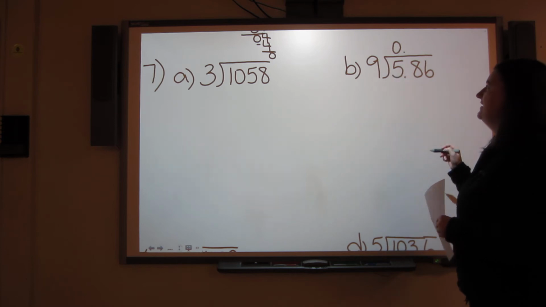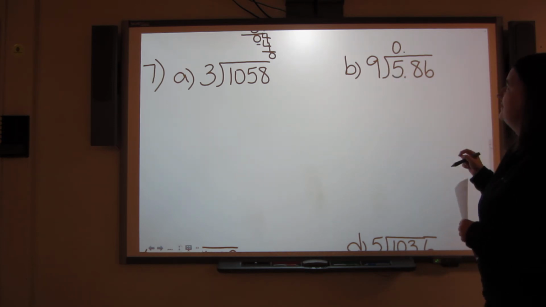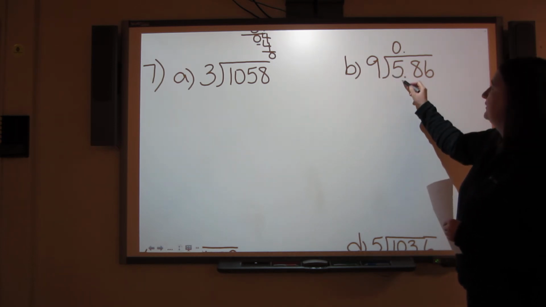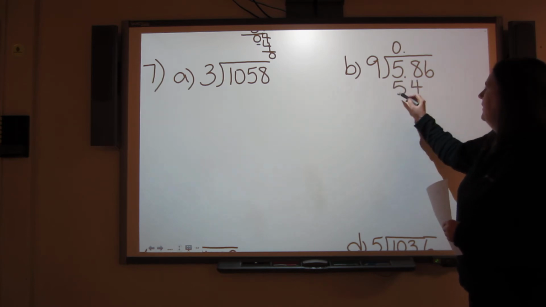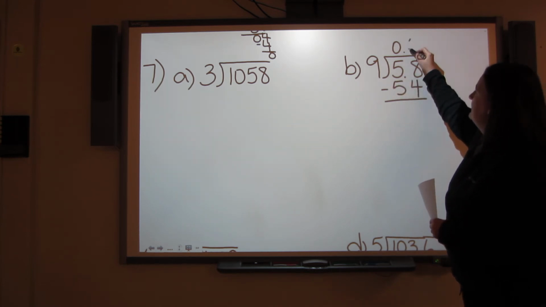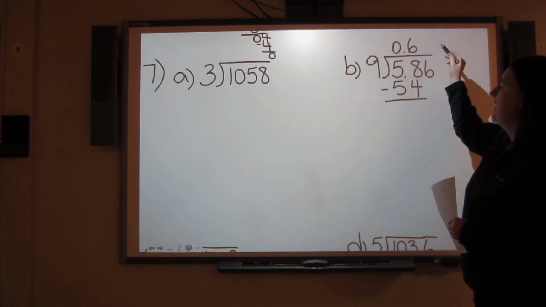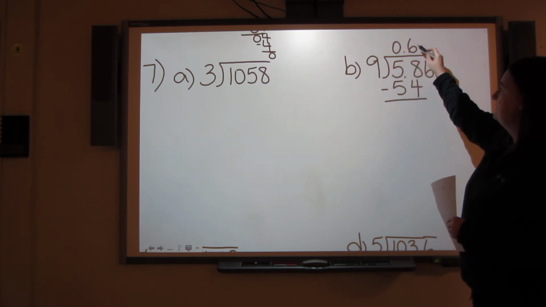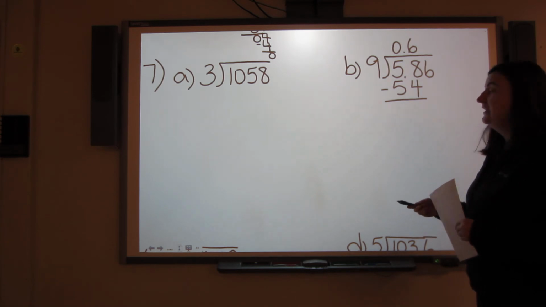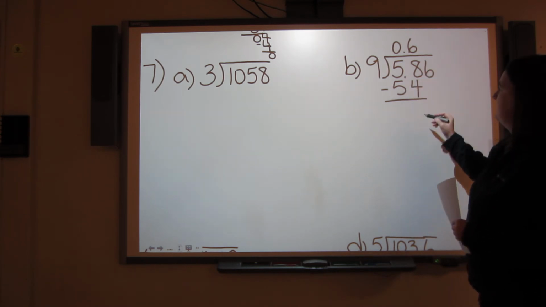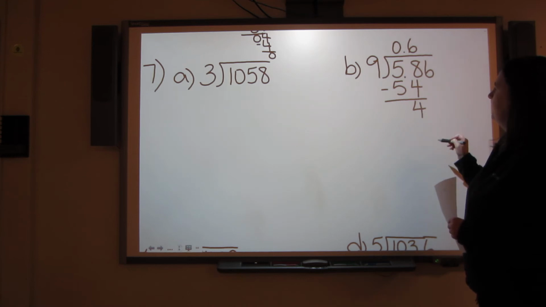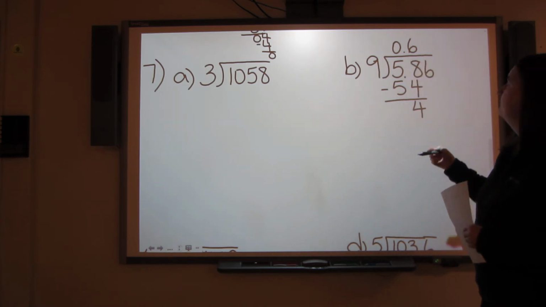So I look down my 9s, and the closest thing to 58 without going over is 54. And that's 6. 9 goes into 54 6 times, because 9 times 6 is 54. And then I minus. 8 minus 4 is 4. And 5 minus 5 is nothing.